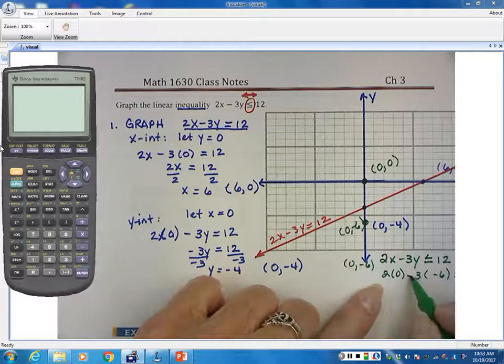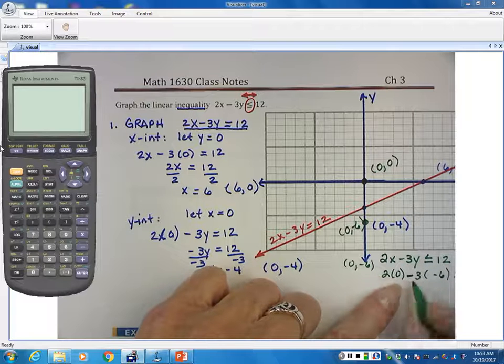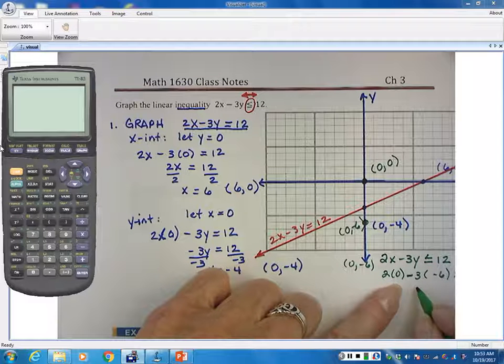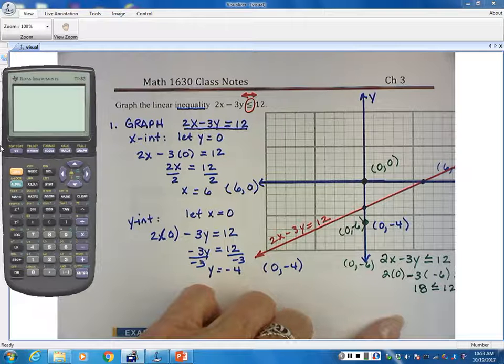So 2 times 0 is 0, minus 3 times -6 is minus negative 18, which is then positive 18, because you're subtracting negative 18. Is 18 equal to or less than 12? No, it's not.